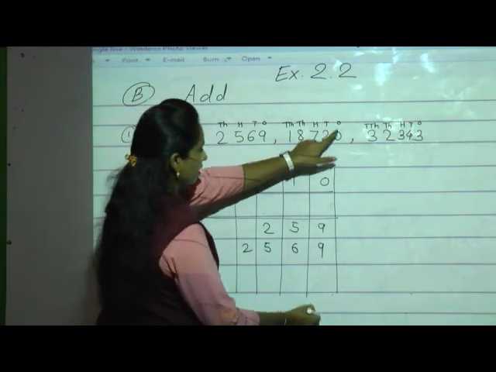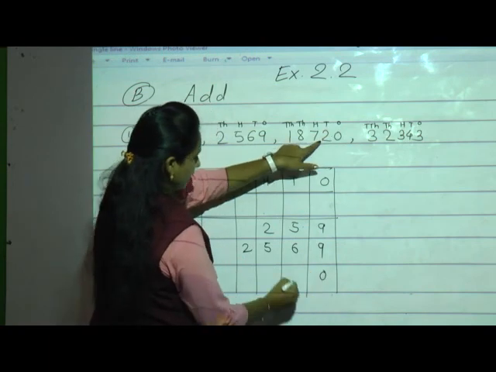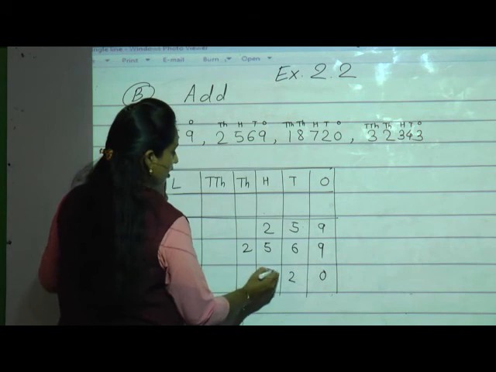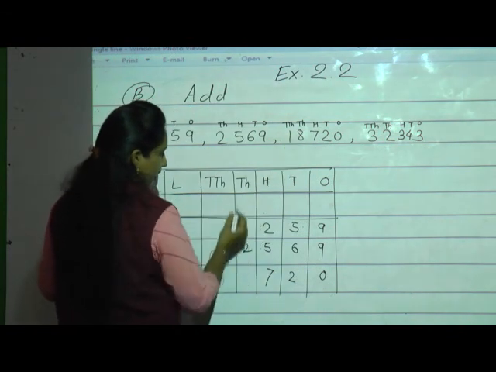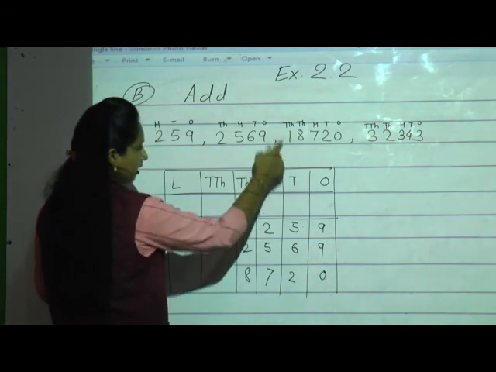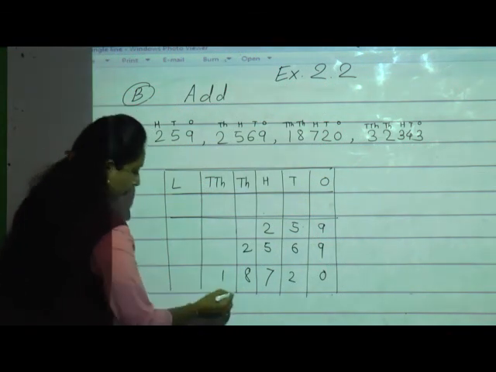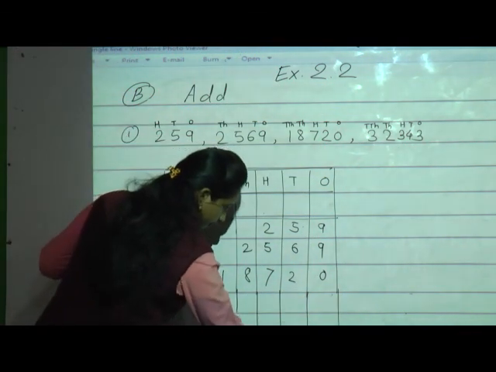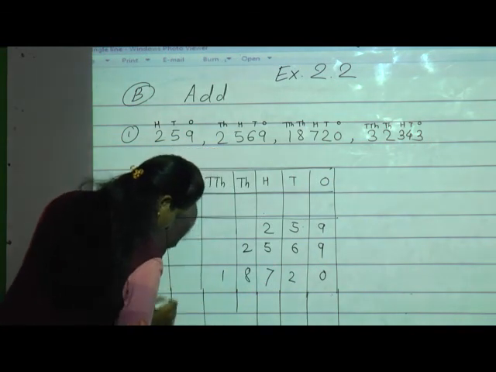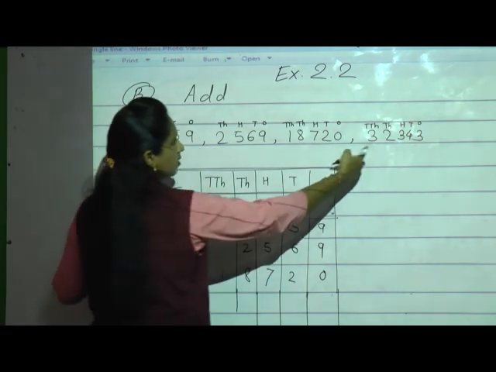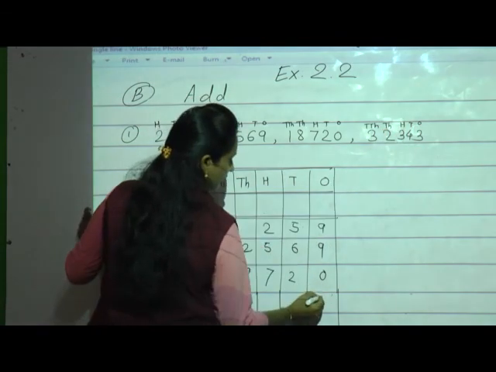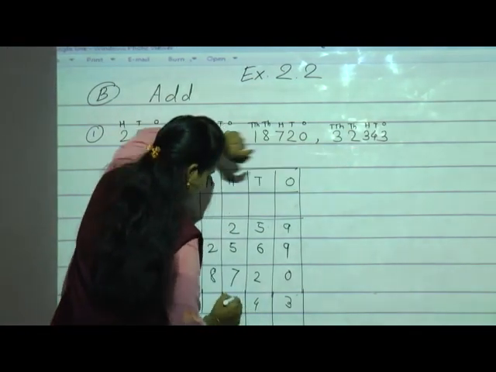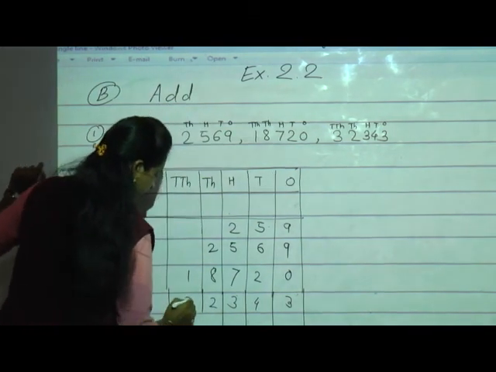The next number is ones place 0, tens place 2, hundreds place 7, thousands place 8, 10,000s place 1. Okay, now see the last number: ones place 3, then 4, then 3, then 2, then 3.